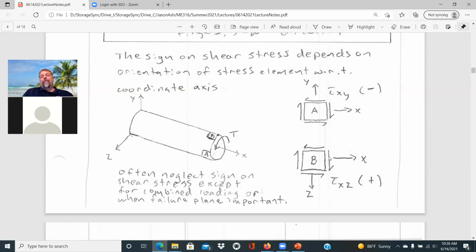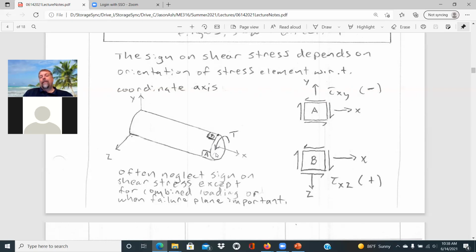Then when we look at element B, same shaft, our positive x-axis would be to the right, and our positive z-axis would be down for that situation. Our torque is still going to cause that downward shear stress as things twist and generate an angle of twist in that direction.